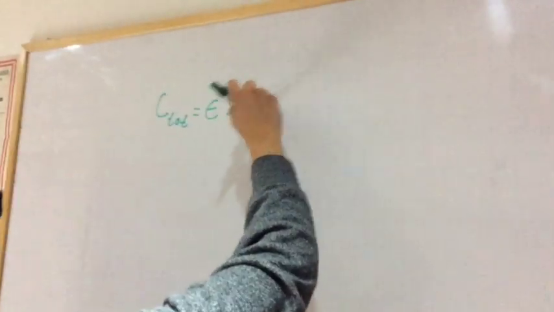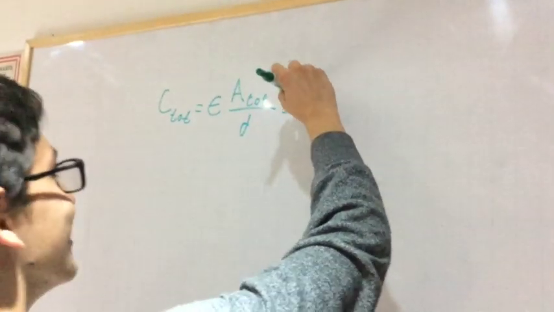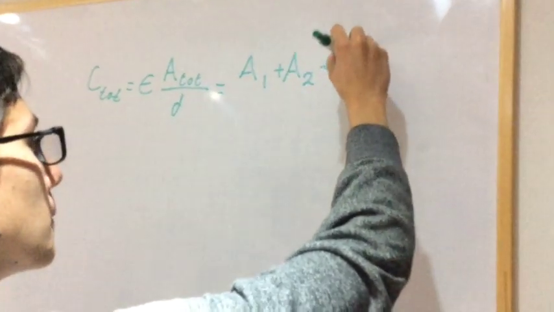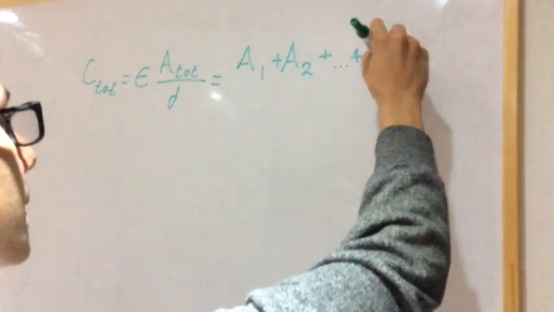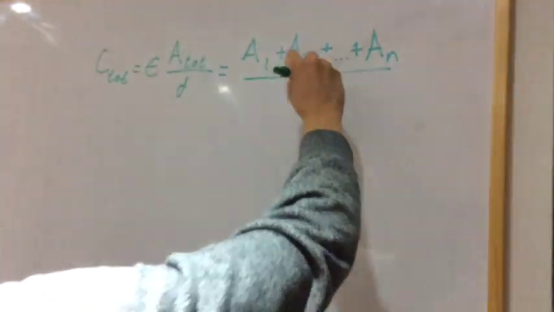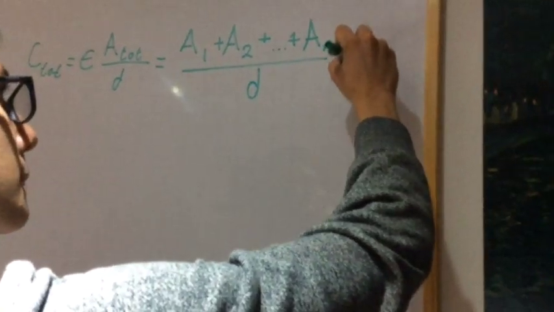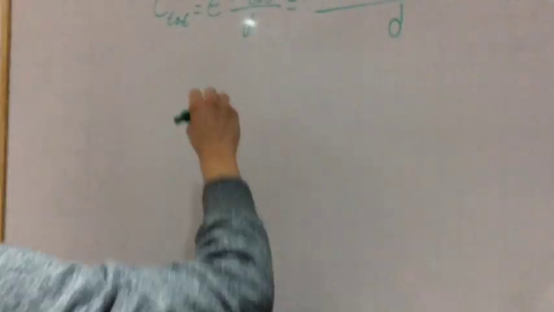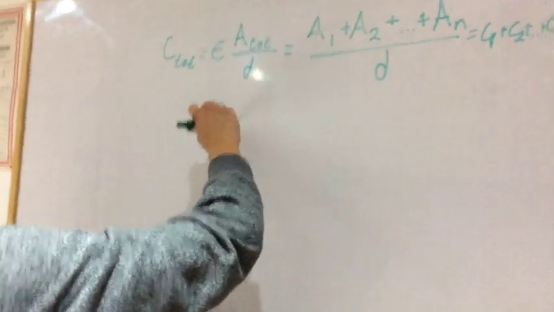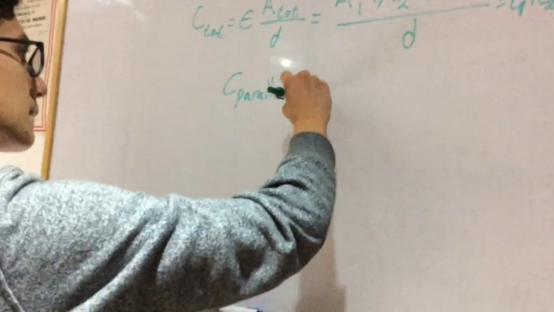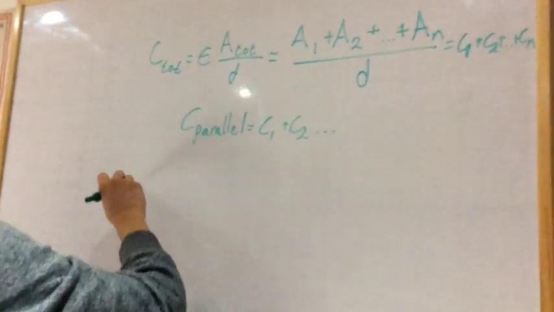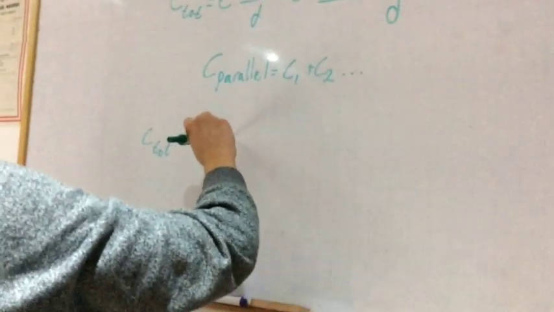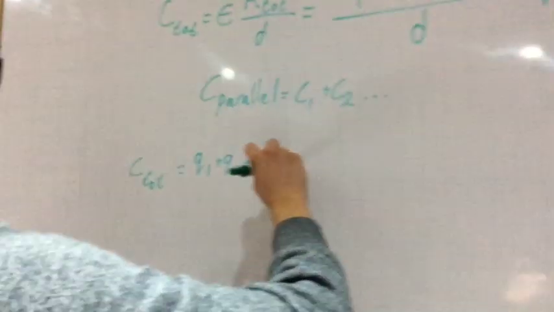When two or more capacitors are connected in parallel, we have increased the area of the plates, so the capacitance increases, mathematically giving us that the total capacitance is equal to the permittivity constant times the total area over distance, or the permittivity times the sum of the areas of the pair of capacitors over the distance between the plates gives the total capacitance, basically adding normally the capacitors' capacitances.